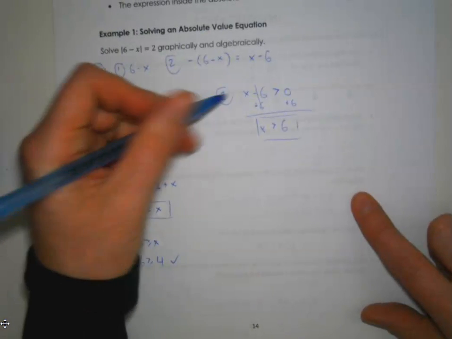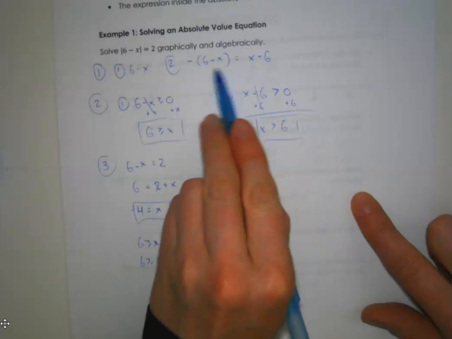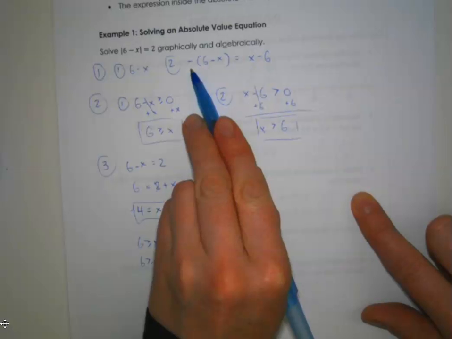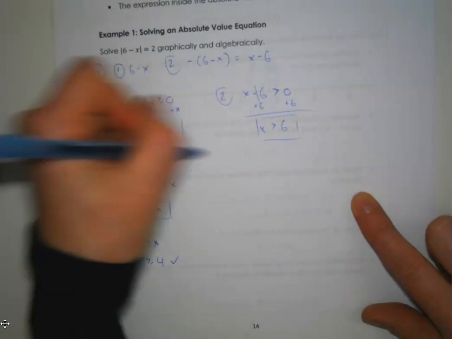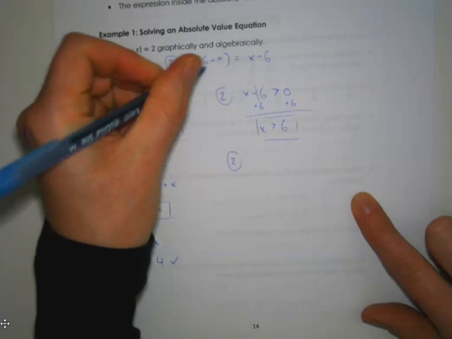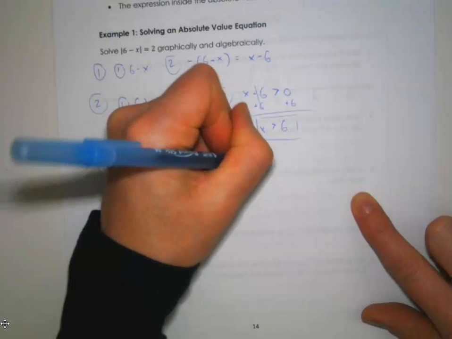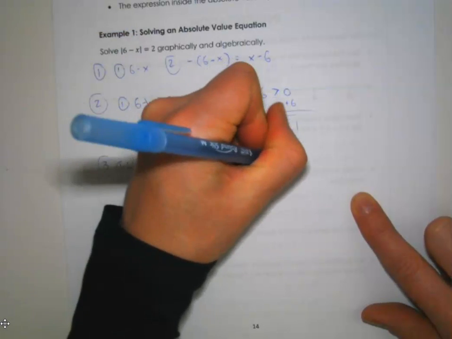For case number 2, if we want to solve it, we're working with the modified version. Remember, there's that negative value there. So the modified version is x minus 6. So for case number 2, we would say x minus 6 is equal to 2.